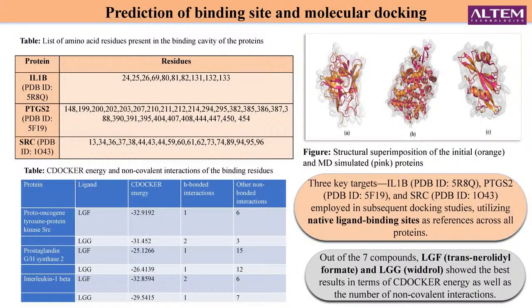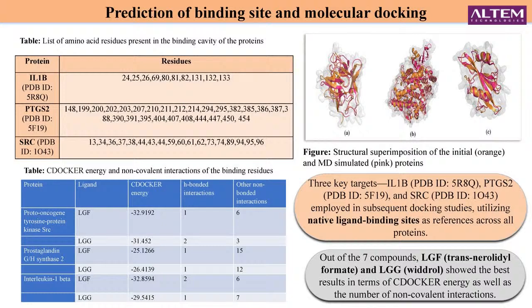Okay, so after the DFT analysis, we went ahead and retrieved the 3 target proteins from the Protein Data Bank. These proteins had some missing residues, so we remodeled and then superimposed them with the retrieved structures, and we used the binding site as the one given in the PDB.